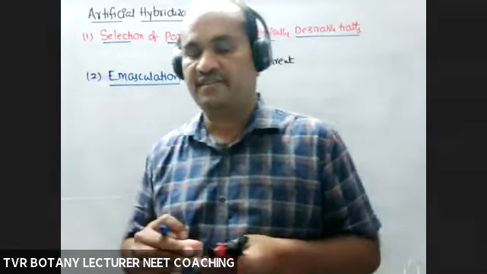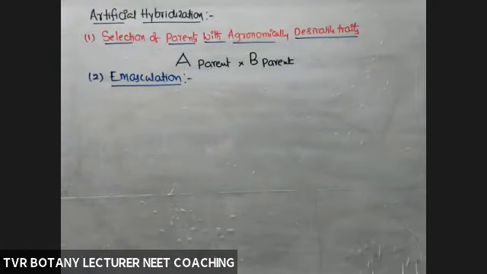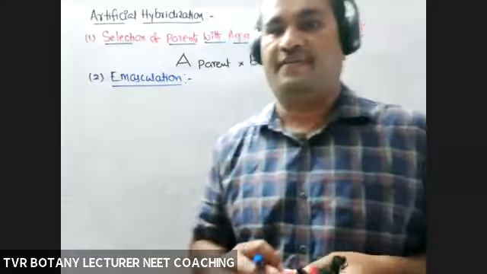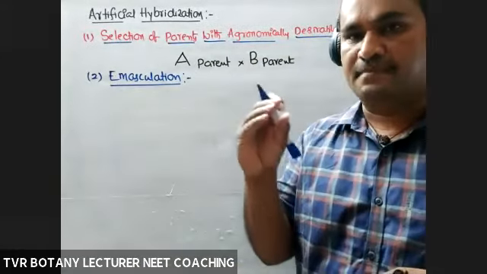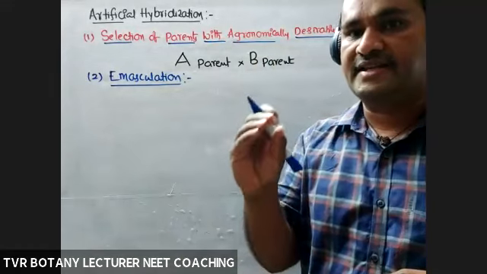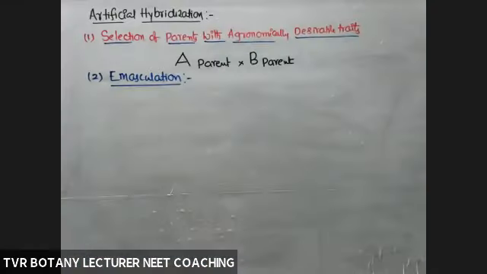All the stamens, all microsporophylls which are able to produce pollen grains, from the bisexual flowers, when the flower is in bud condition only. So what is emasculation? Removal of androecium from the bisexual flowers.